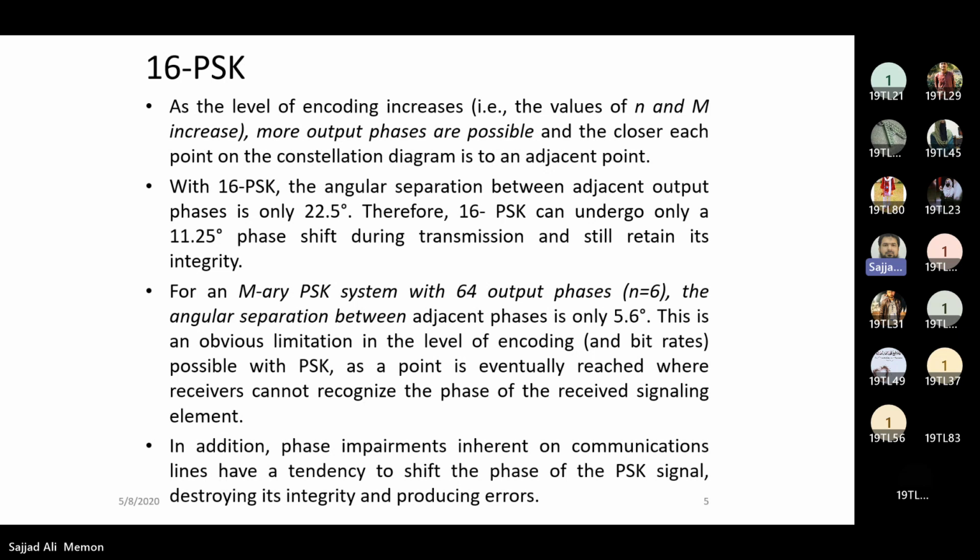These impairments are inherent in communications, so they have the tendency to shift the phase of the PSK signal. In PSK modulation, the information is in the phase, and if there is a shift in the phase of the PSK signal, that will destroy its integrity and cause errors.